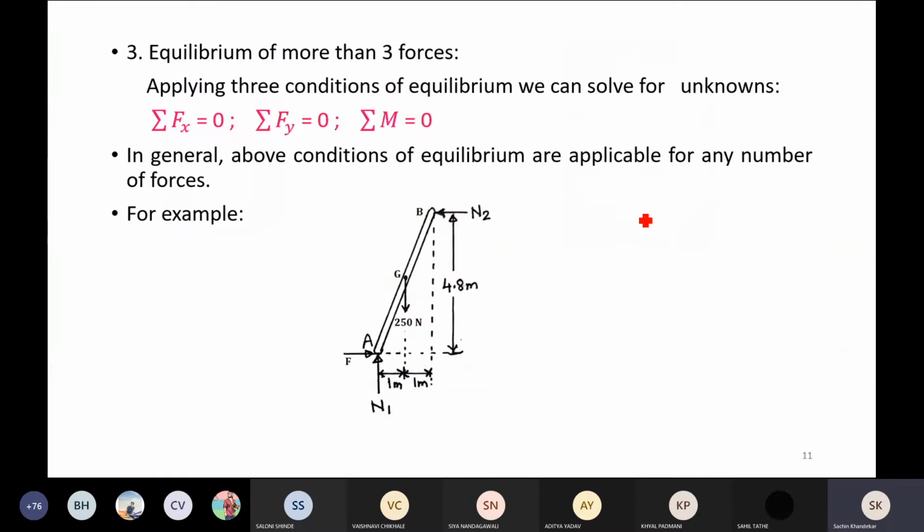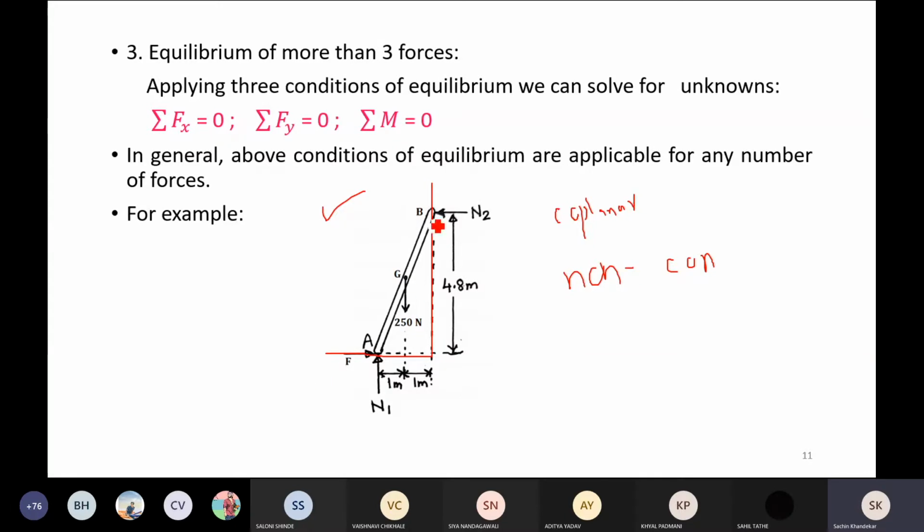Now suppose we consider this example, which we have already discussed: a ladder resting against the wall and the floor, something like this, correct? This force system is coplanar and non-concurrent. Non-concurrent means not meeting at a common point, right?